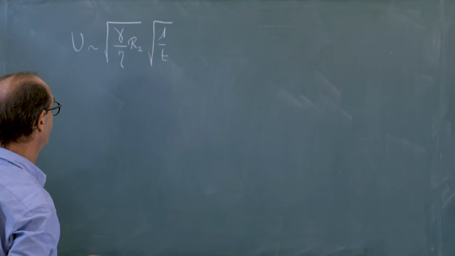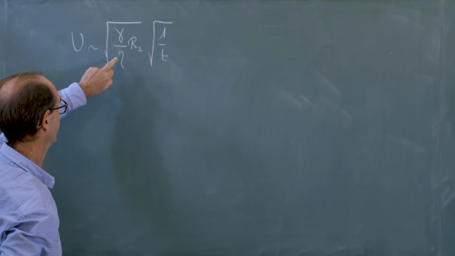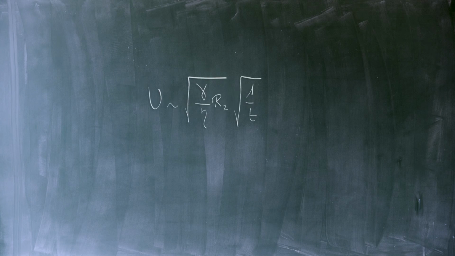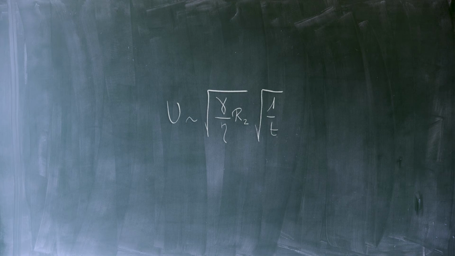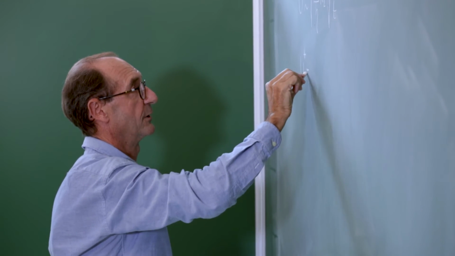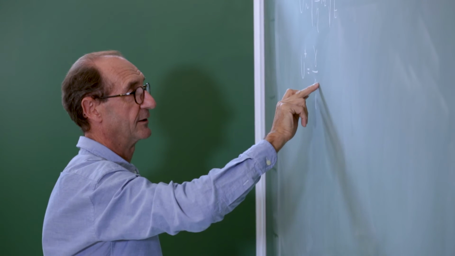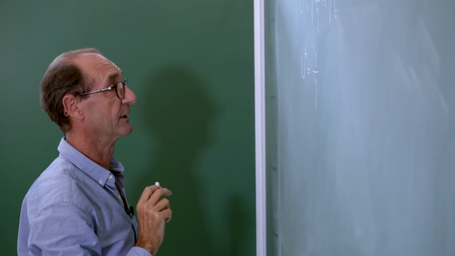Now you can notice that in this expression we have the ratio between the surface tension and the viscosity. It turns out that this ratio has a dimension of a velocity. And we will call this velocity u star. This is a ratio of gamma divided by eta, and this is a characteristic for a given liquid.